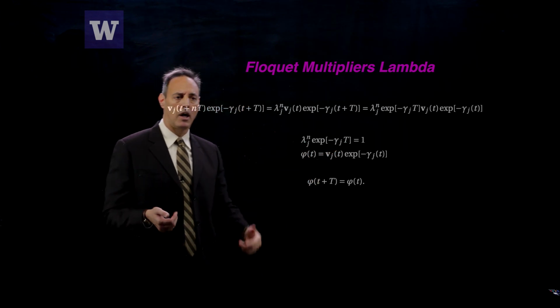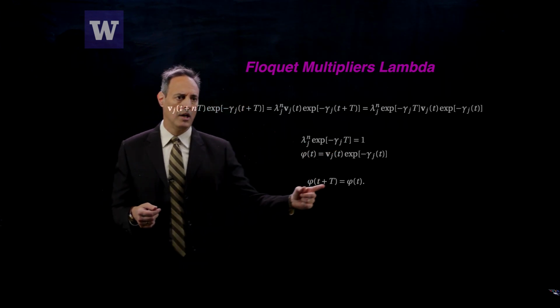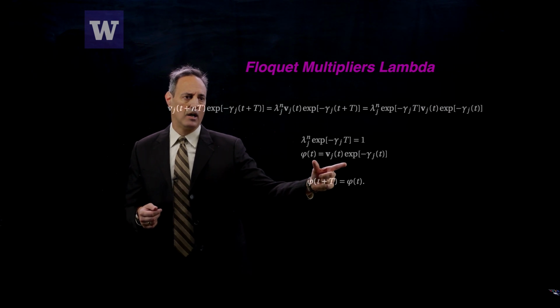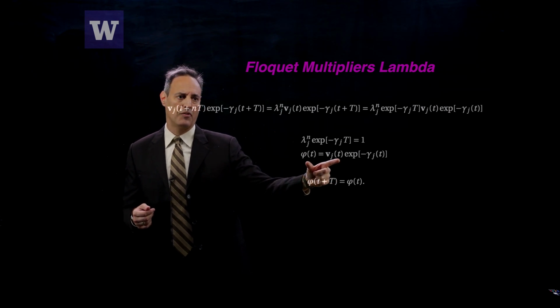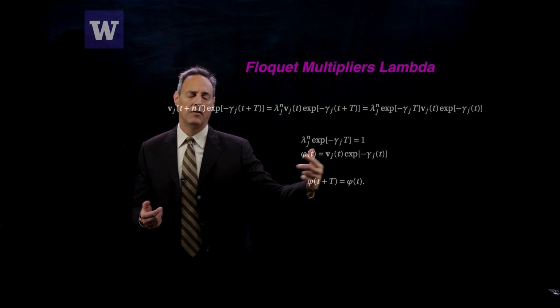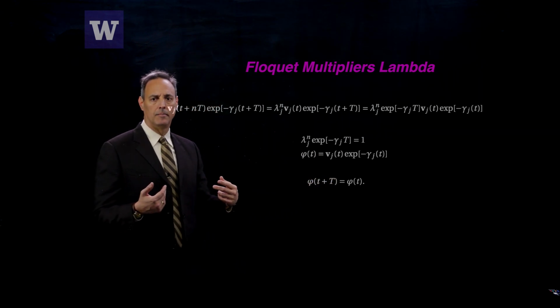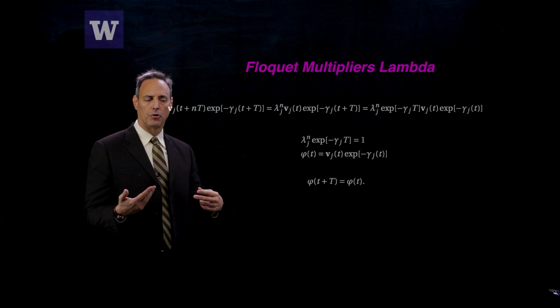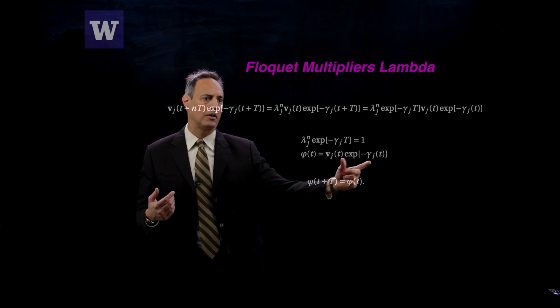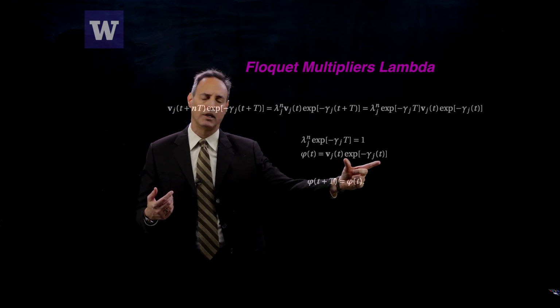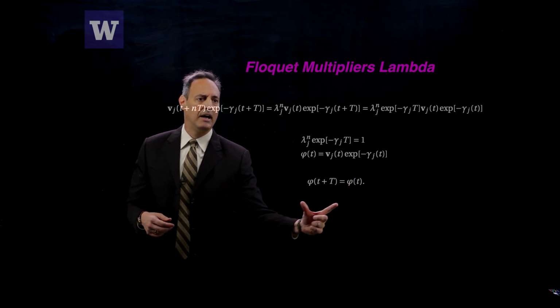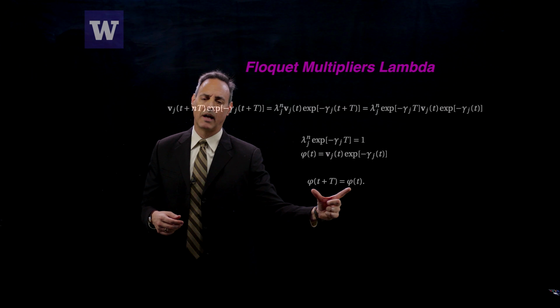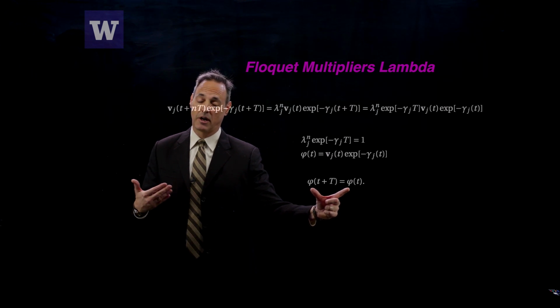So for my periodic solution, that's 1 here. Then I have, this is my flow map right there. This is the flow map where the lambda_j are what are called the Floquet multipliers. And this is the characteristic equation here, with this term right here with this e to the minus gamma_j T. So this defines my flow map so that I get this return map, so this periodic solution.